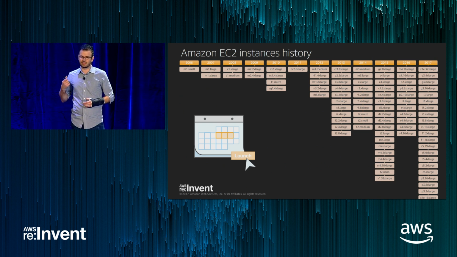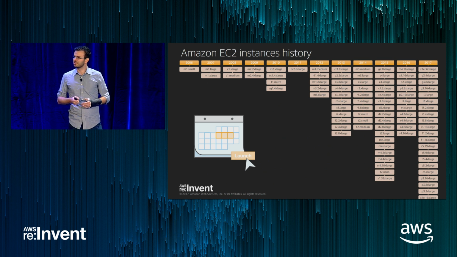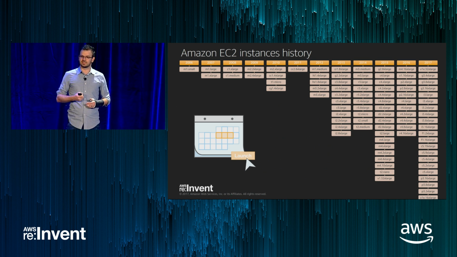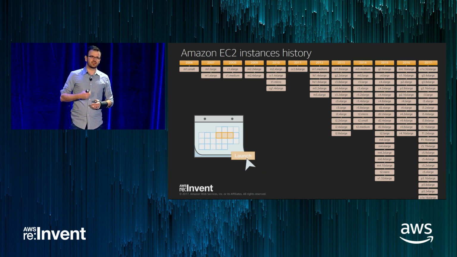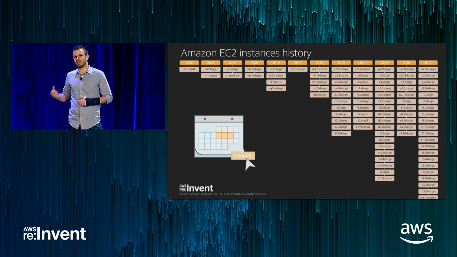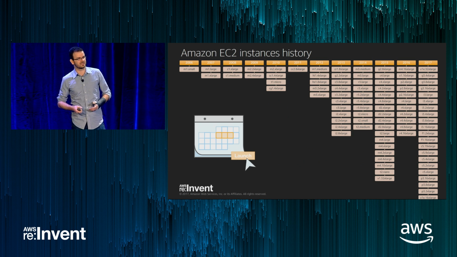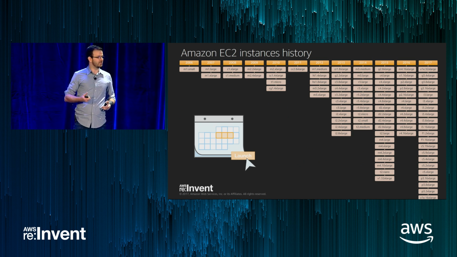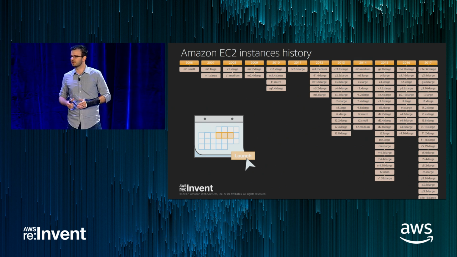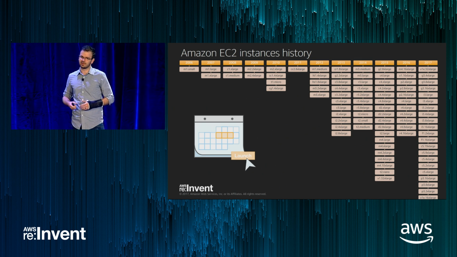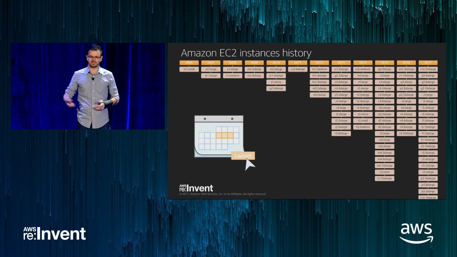So let's take 2011 as an example. We launched the CC2 instance in 2011, and this was actually the first time that we gave you the ability to choose the physical topology of your EC2 instances within our data center. And we released that feature called placement groups that lets you place your instances as close together as possible so that you'll get the best possible bandwidth and the lowest latency between your instances.